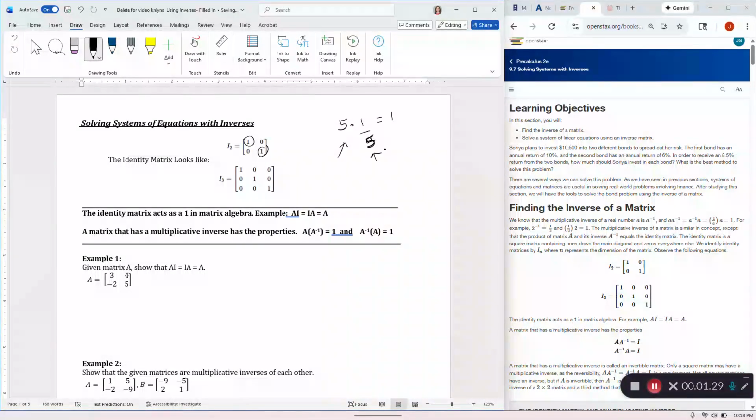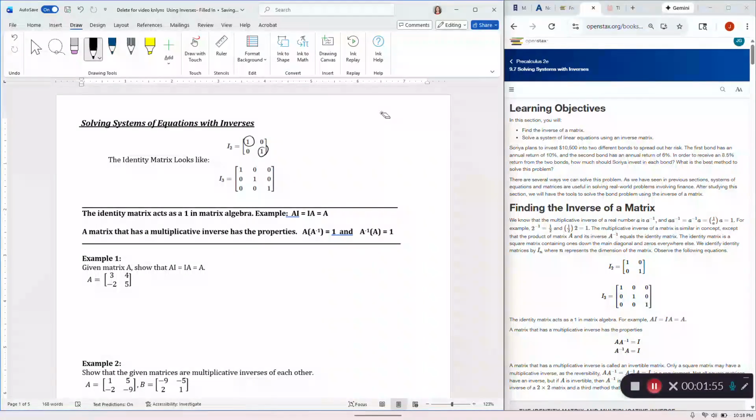Similarly, you can multiply by an identity matrix and get the original matrix back. If you have two matrices and they are inverses of each other, then when you multiply them together, you will get the identity matrix. So that's kind of what that is in a nutshell.